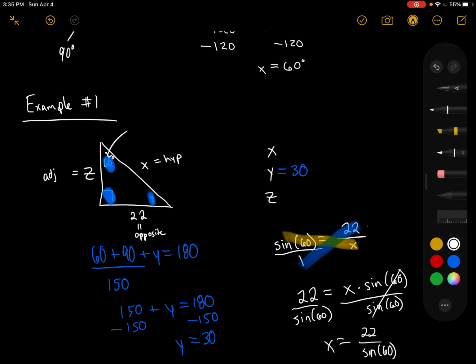So we're left with x equals 22 divided by the sine of 60. We should get an answer here of 25.4.